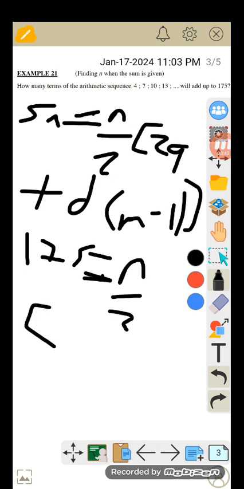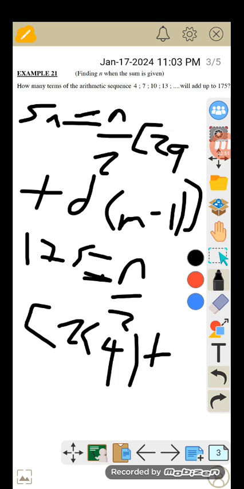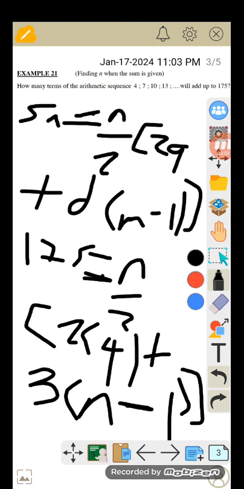Then multiply by 2, our first term is 4, plus d. Our d is 3, into n minus 1. From there, we solve for n.